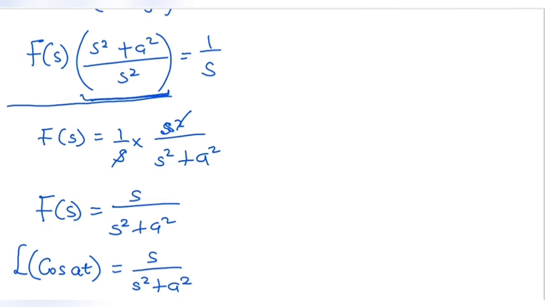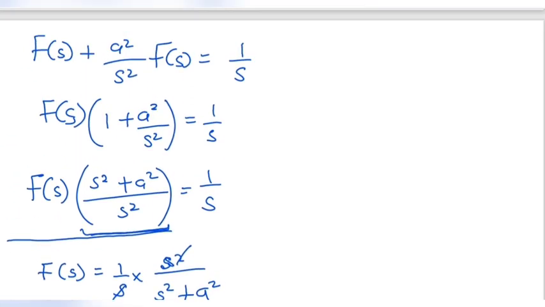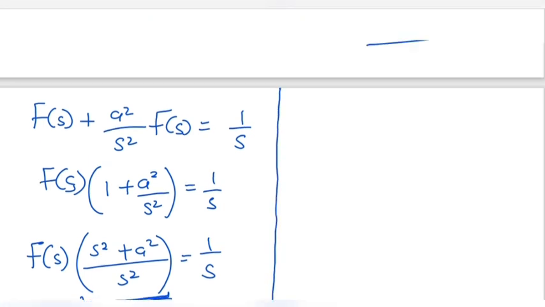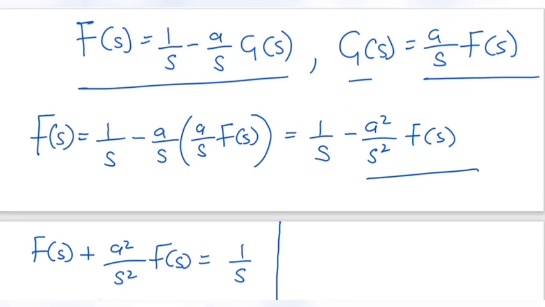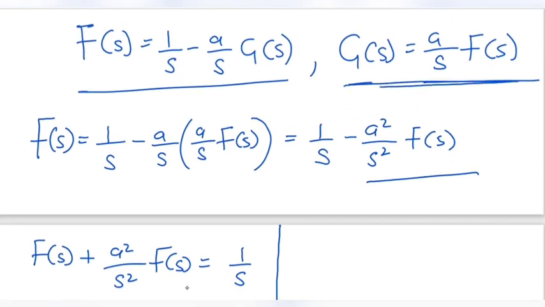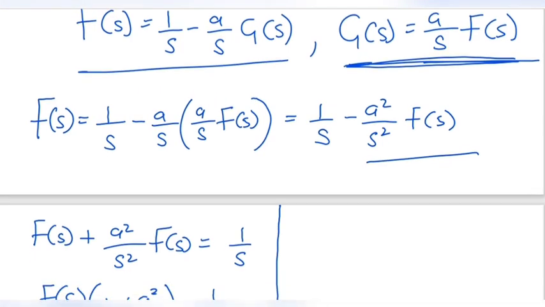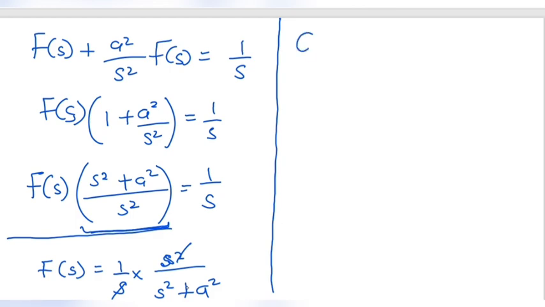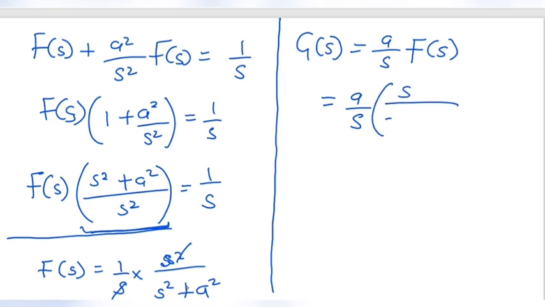Alright guys, now let's find what our g of x is. Recall that our g of x is just a over x f of x. So our g of x, which is a over x f of x, this is simply a over x, and our f of x is x over x squared plus a squared.